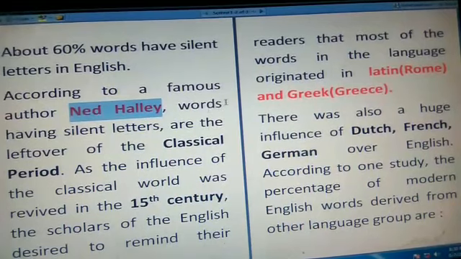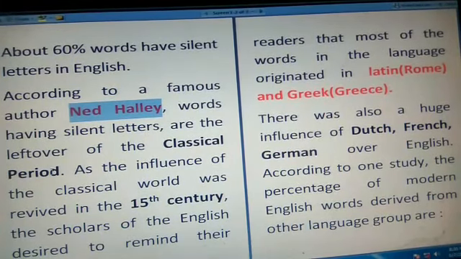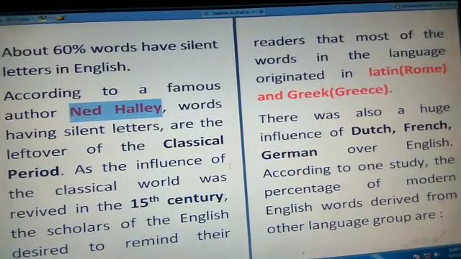Words having silent letters are the leftover of the classical period, when literature was also being revived. As the influence of the classical world was revived in the 15th century, the English scholars desired to remind their readers that most of the words in the language originated in Latin and Greek.